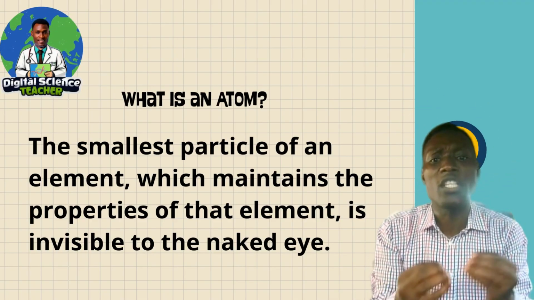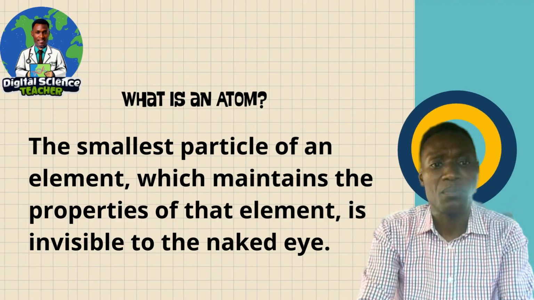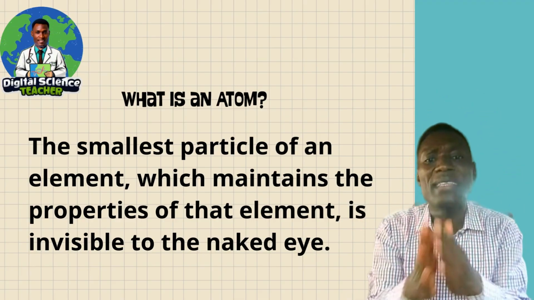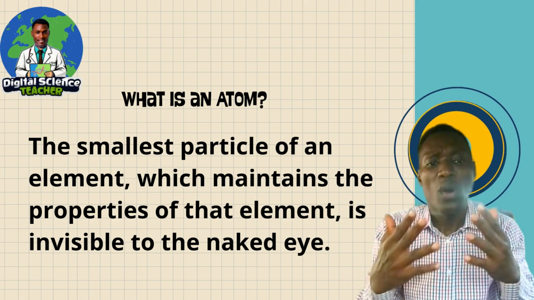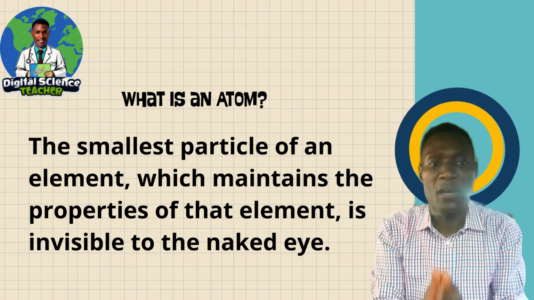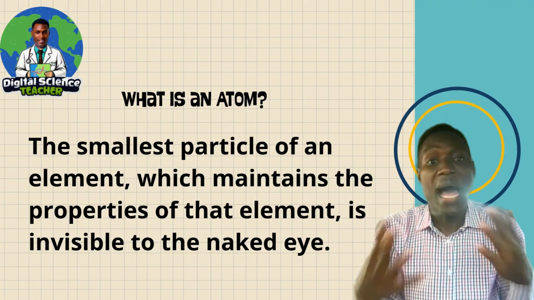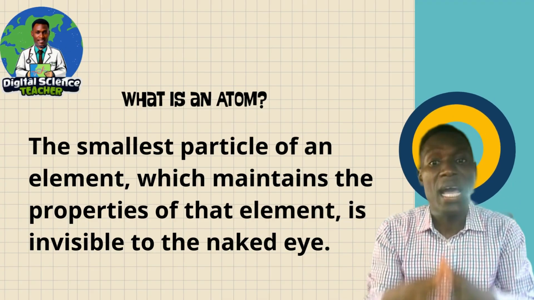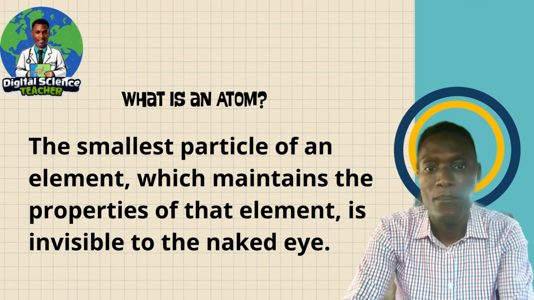Even in solid objects, atoms are constantly moving. There are different kinds of atoms, and these make up a particular element. For example, we have atoms of oxygen element, atoms of hydrogen element, atoms of iron element, and so on.